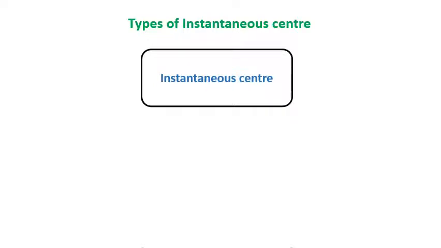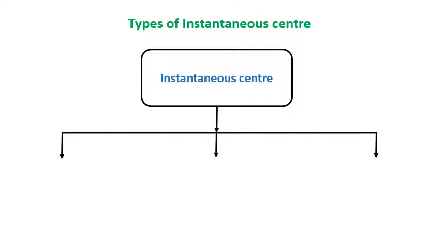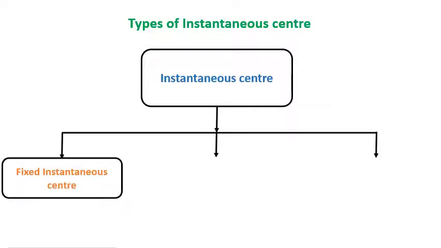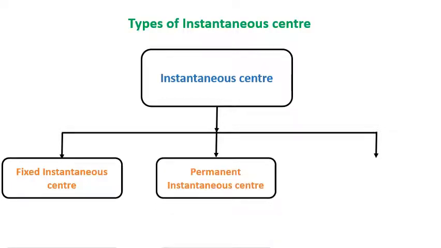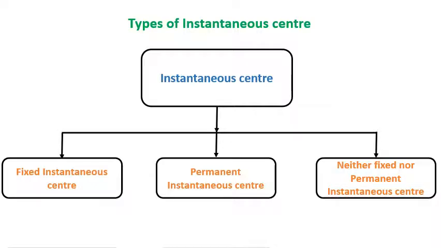So next one, types of instantaneous centers. In a given mechanism, instantaneous centers are classified into 3 types. The first one is fixed instantaneous center, the second important type is permanent instantaneous center, and the third one is neither fixed nor permanent instantaneous center.